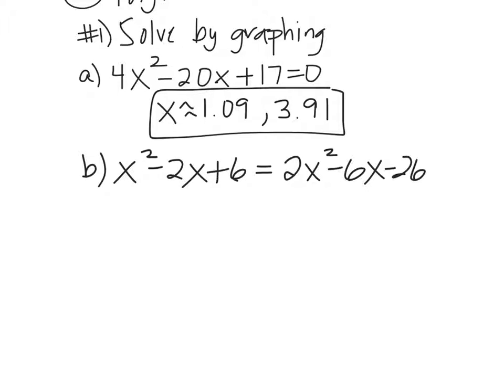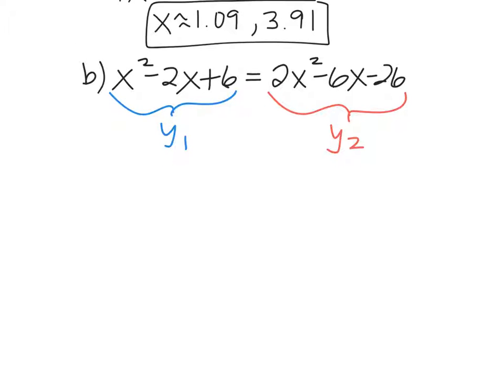One is you can plug this in for y1, plug that in for y2, and find their intersect. Or you can bring everybody over and set it equal to 0 and do it that way. It's really up to you. I think I'm just going to plug them in, y1 and y2. See what happens. I didn't do this one earlier, so I'm kind of excited about it. All right, so we have x squared minus 2x plus 6.